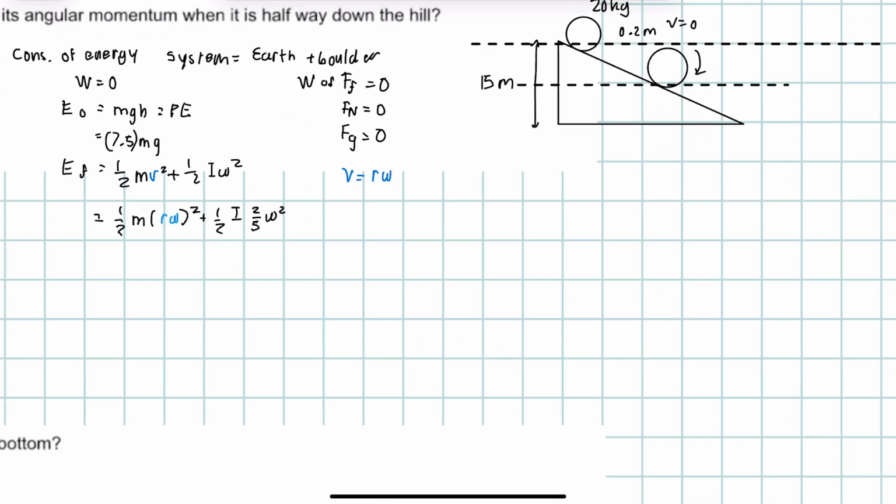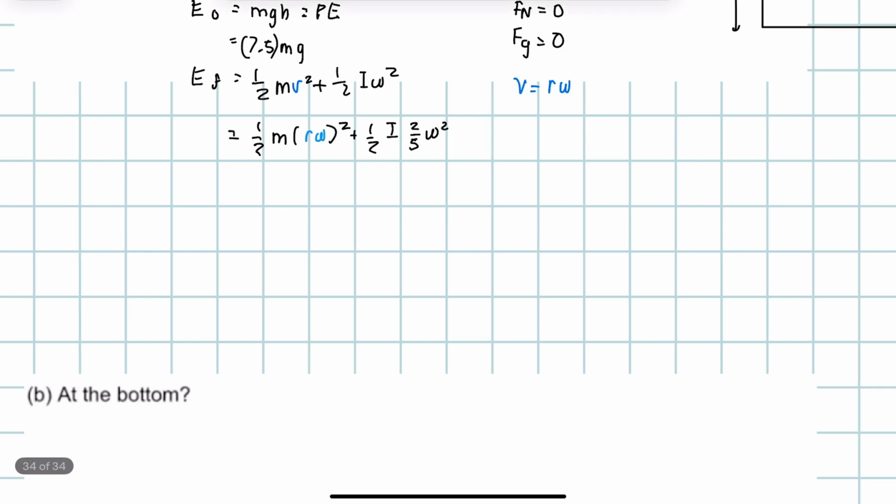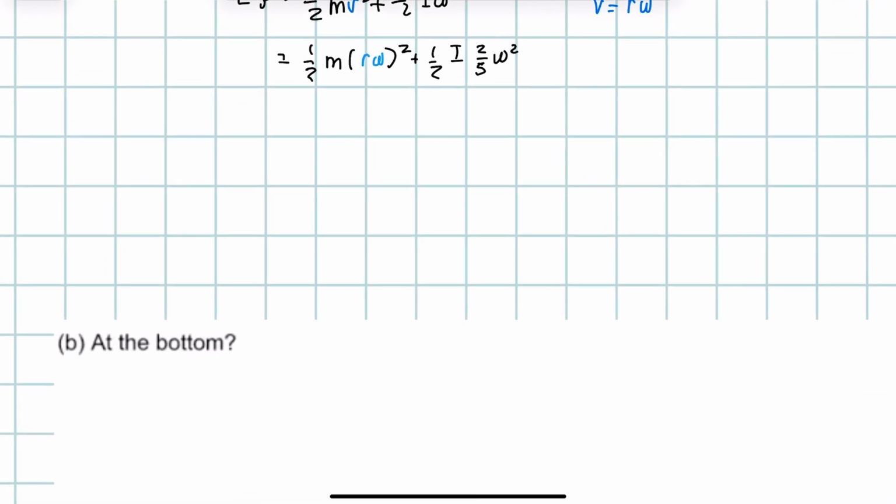Now we can see the 2 and the 2 here cancel out.